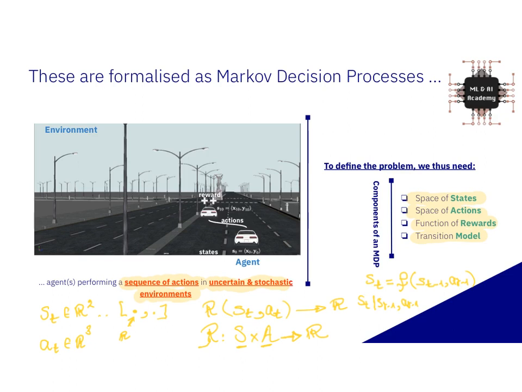We will dive into this in the next slide, but all I want you to get is to define this problem of reinforcement learning. We need a set of states or a space of states, which, as we said here, can be like R^2 in this example. We need a set of actions, like we described here. We need a reward function, and we need a transition model, which is typically a conditional transition model.